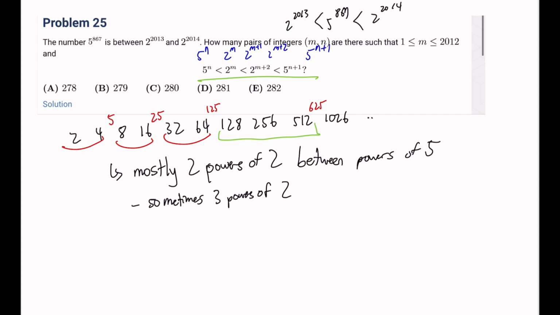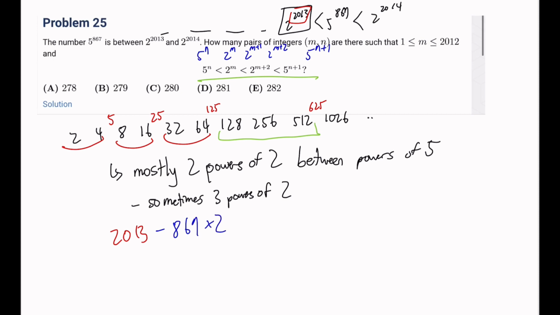And so we don't know what comes before this, but then we know that up until the 2013th power, all of them are contained in here, right? And so what we need to do is 2013, which is this number, minus 867 times 2, and that will give us the answer.